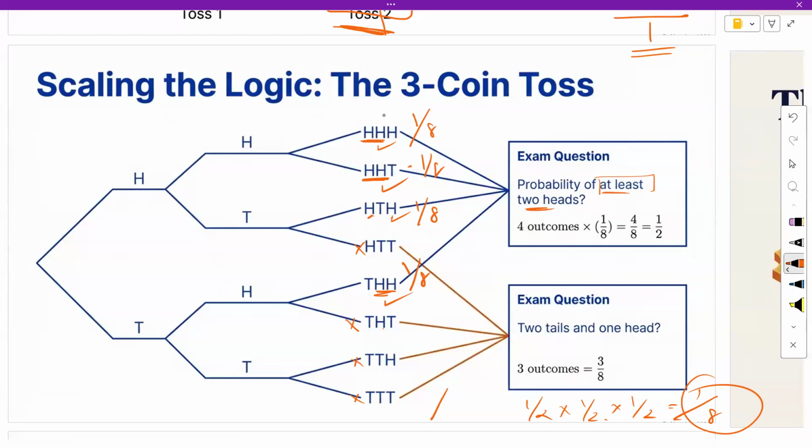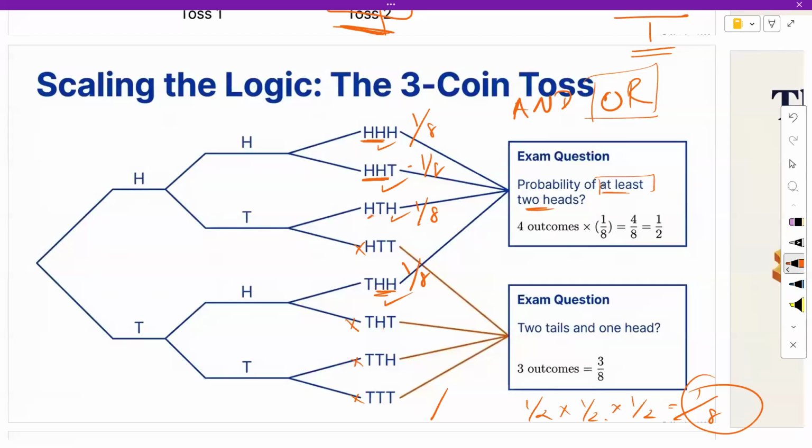Then are we using AND or OR? Here you have to apply OR, so we have to add. The condition is: we win the trial when we get at least 2 heads in the 3 coin tosses.